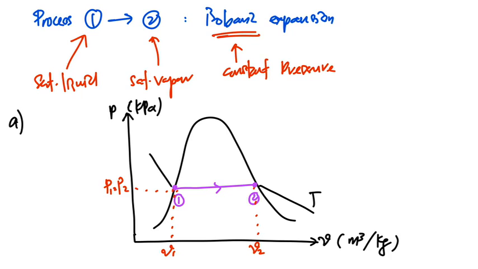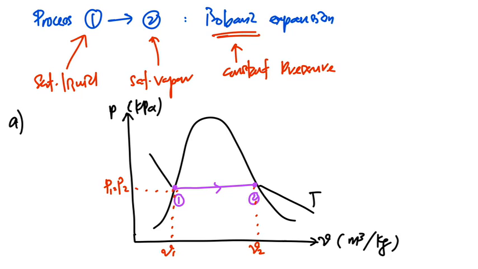If we refer to the question, part A: sketch the PV diagram of the cycle process and label the diagram appropriately. So you can start with the PV axes and label the units, pressure in kPa and specific volume in cubic meter per kg.